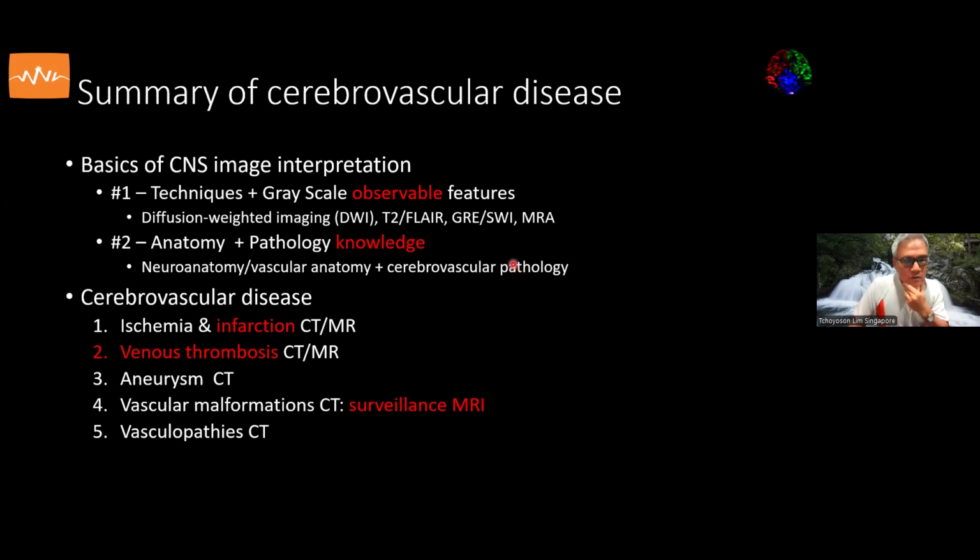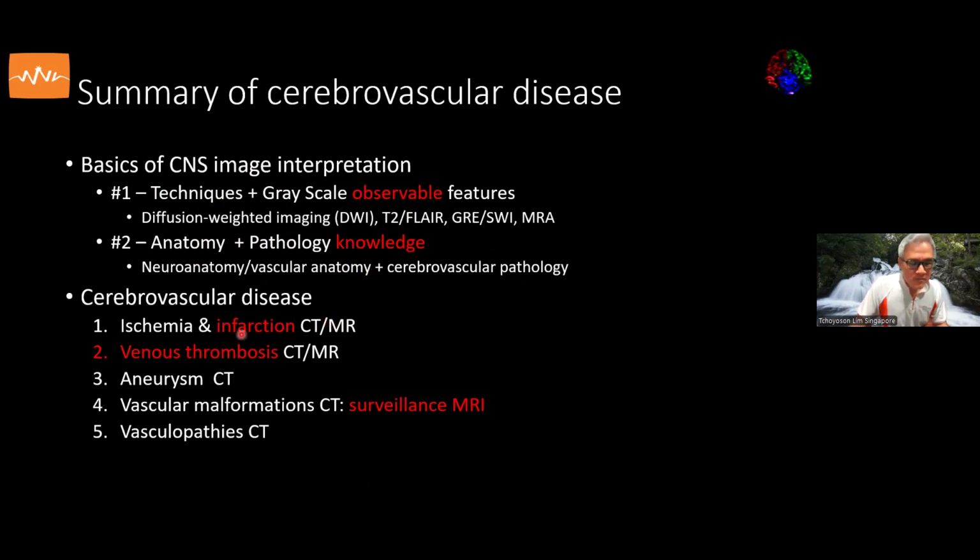So to conclude, I've gone through a little bit about the techniques and the grayscale observable features that we use as radiologists to visualize the different contrast mechanisms in T1, T2, FLAIR, and DWI, plus the neuroanatomy of the vascular knowledge of the arteries and veins.